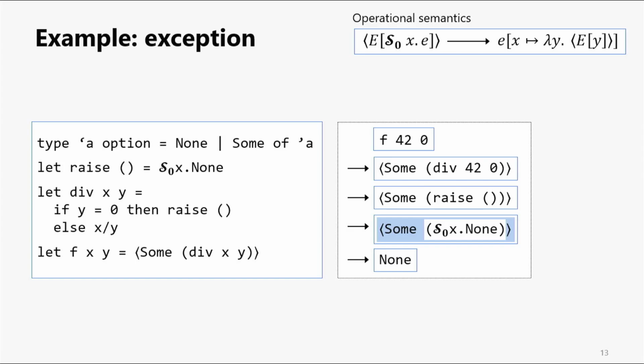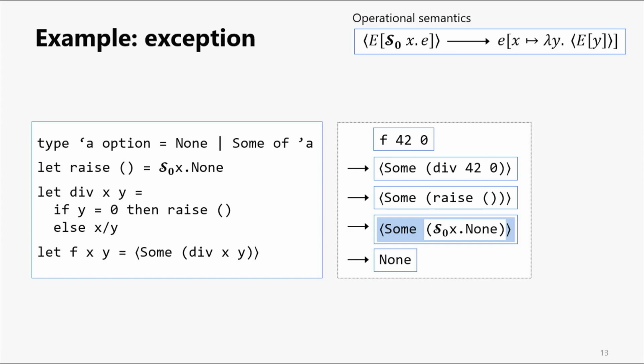Okay, first I will show some examples of shift 0 and reset 0. The first example is an exception. Here exception is implemented using option type. It has two constructors, none and some. The raise function implements exception raising. Here raise just calls a shift 0 operation, and its body is none.